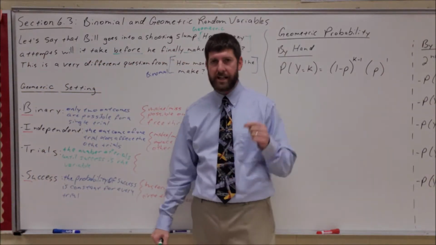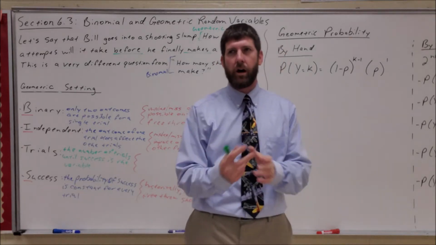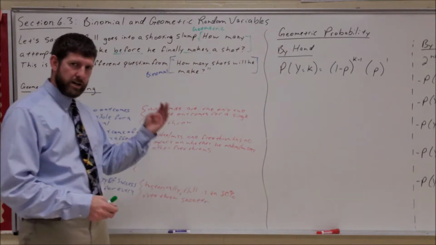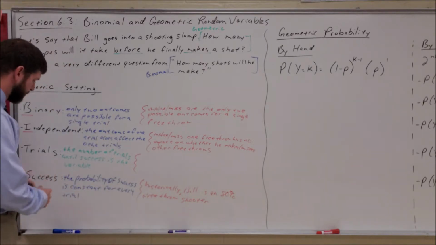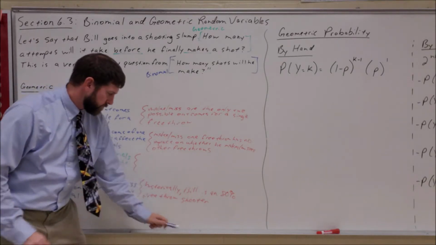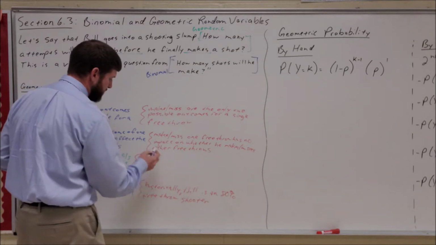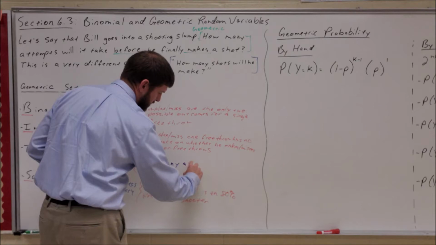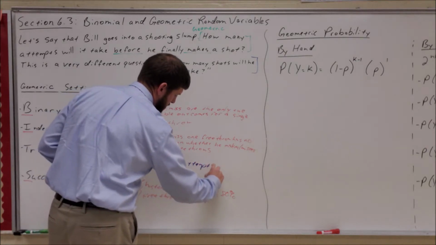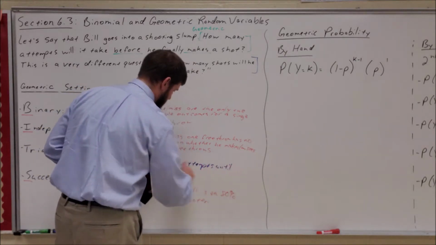In a geometric, you're asking how many times. So it's almost an inverse situation. One, we're asking for the number of trials. The other one, we're asking for the number of successes within those trials. So in this problem, it's how many attempts until he makes one.